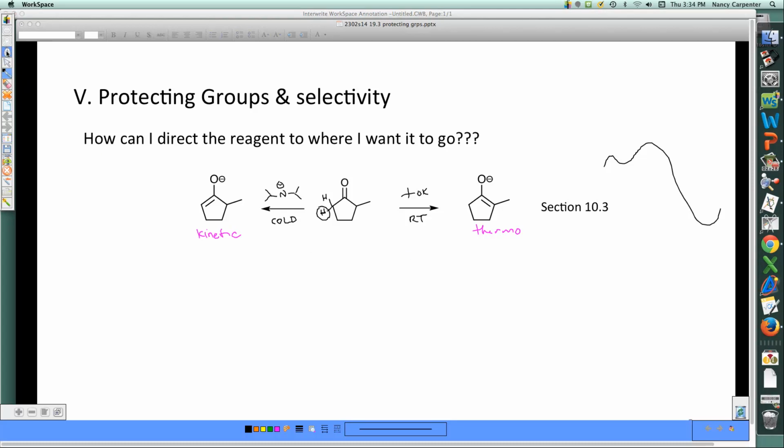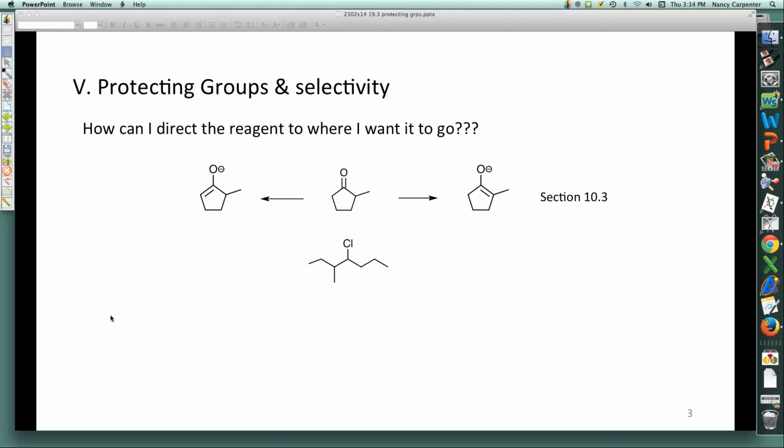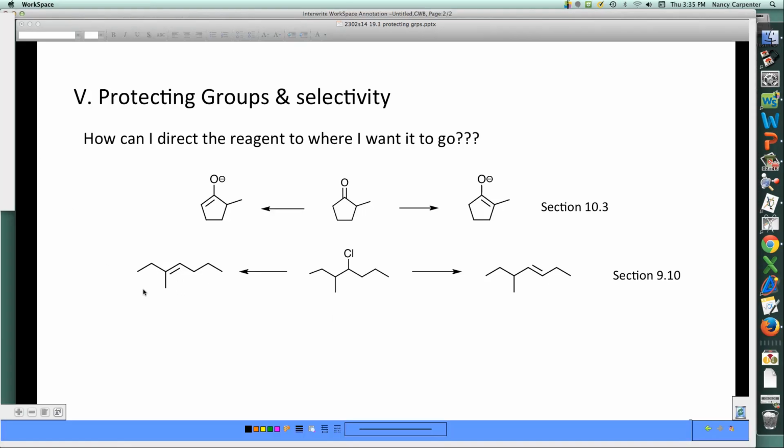Another example of selectivity is seen in this example. For this alkyl halide, say we want to make an alkene. We know if we choose the right reagents and conditions, we can make either the more substituted, more stable thermodynamic product, more stable because it's a more highly substituted alkene, or the less stable, less substituted alkene.